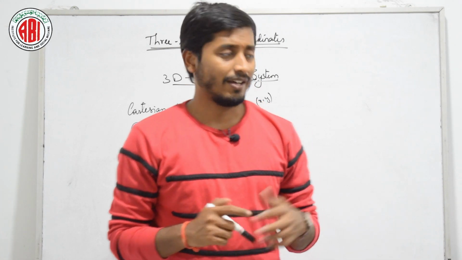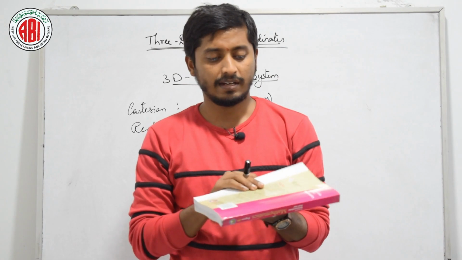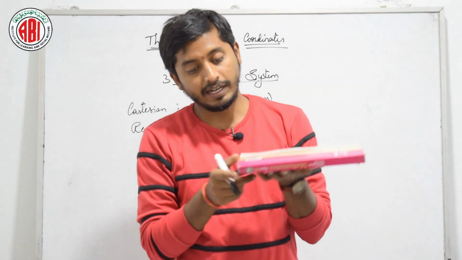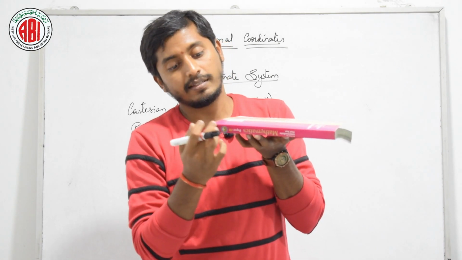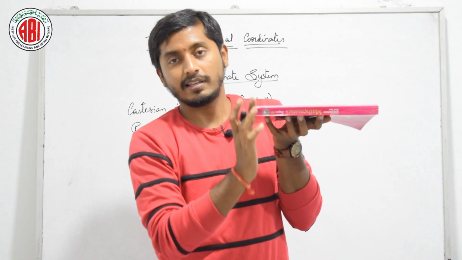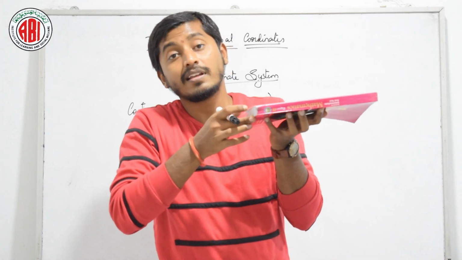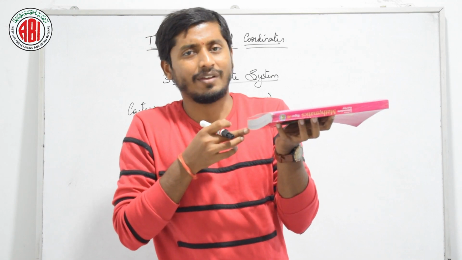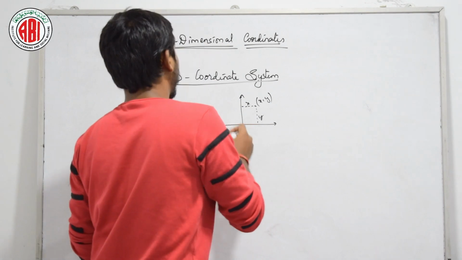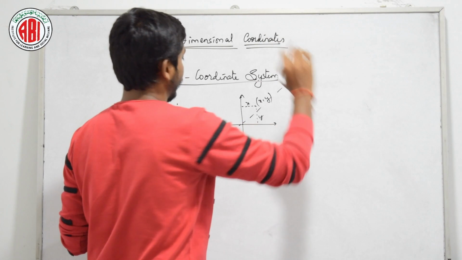Is it clear? Or else let me show it, for example, see here, this is our cuboid. This textbook has three dimensions: this is the x axis, and this perpendicular one is the y axis, and the one which is perpendicular to both of them is the z axis. Diagrammatically we will write it like this.